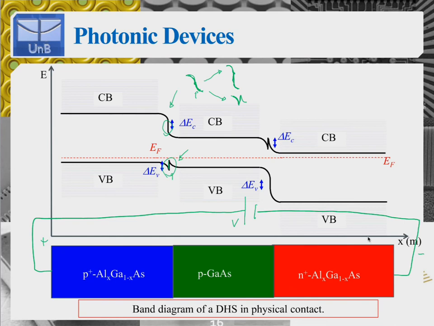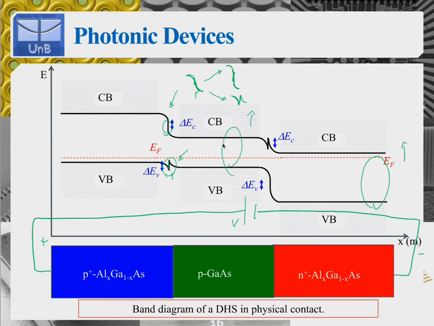And since you're applying an electrostatic potential, which will make the potential of the N plus side lower, more negative, this will translate to a larger potential energy. So this direct bias here will bring the band diagram of this N-type material up, because it will go up in potential energy since it's at a lower electrostatic potential, right? And the same thing will happen to the center material right here.